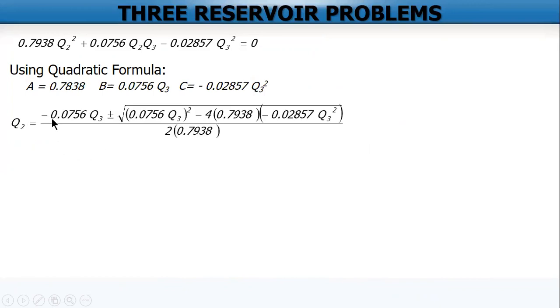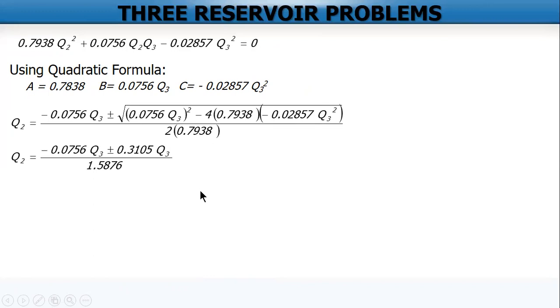Okay. Mao ni sa quadratic formula. Mao na itong variable root bale negative b plus minus b square minus 4ac all over 2a. So Q3 square ma-combine na and square root Q3 na lang ang bilhin dere.